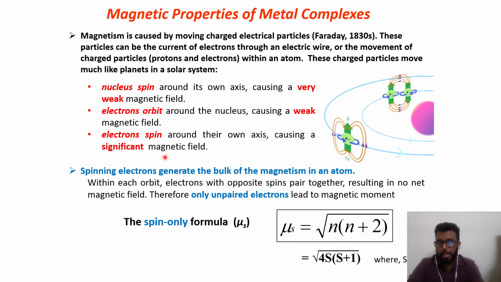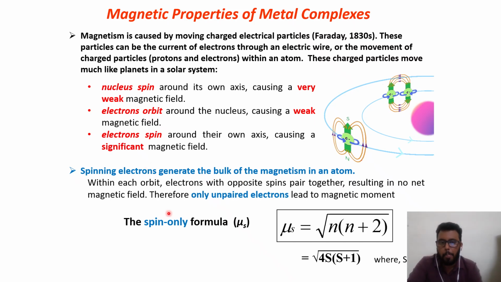So a magnetic field will be generated, which will be a weaker magnetic field. When electrons are revolving around the nucleus, that causes a weak magnetic field. But electrons spin around their own axis, and that causes a significant magnetic field. So spinning electrons generate the bulk of the magnetism in an atom.